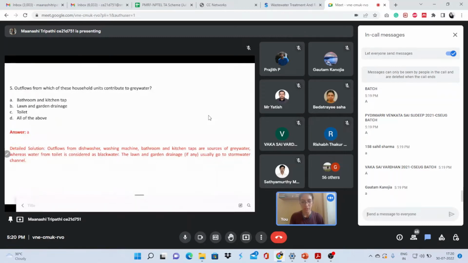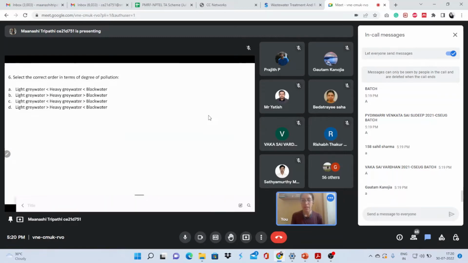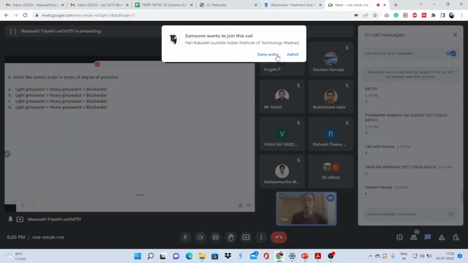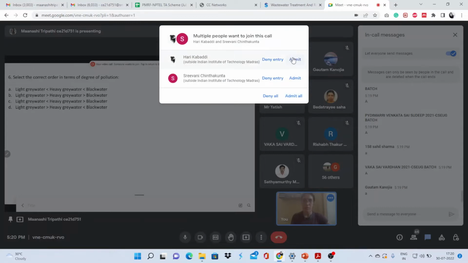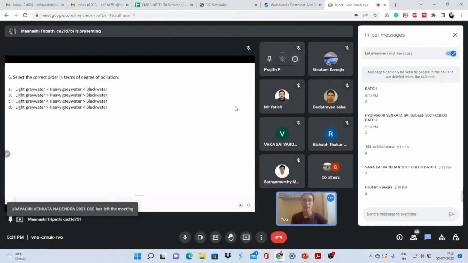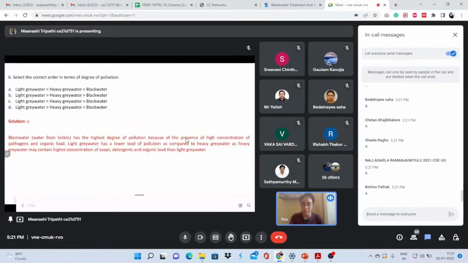Okay, coming to the next question. Select the correct order in terms of degree of pollution. Same kind of question like the previous one. Light gray water, heavy gray water, and black water. All of you are right. So black water, that is water from toilets, has the highest degree of pollution because of pathogens. See, there is no problem with the black water.